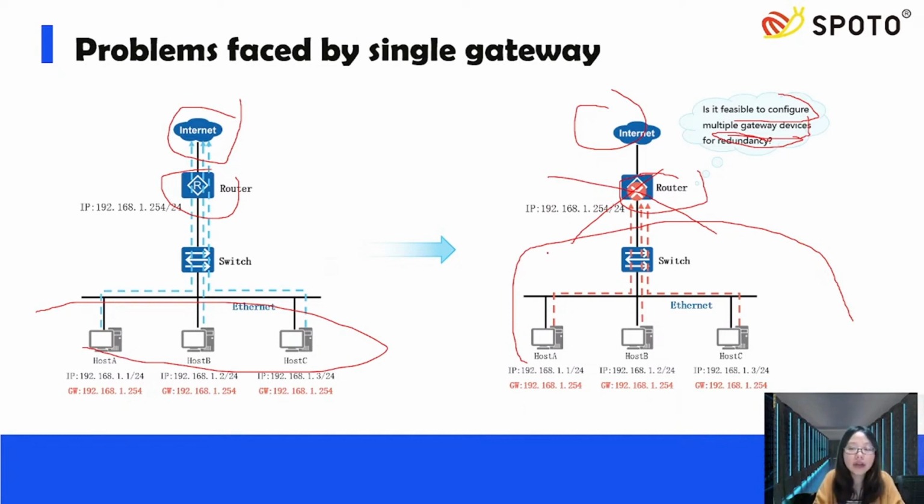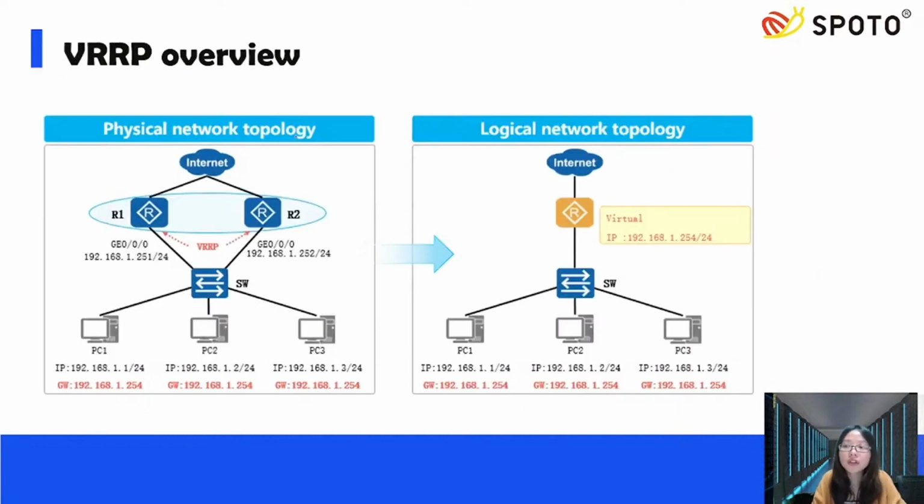The result of VRRP operation is to provide a virtual router on the LAN. You can see in this example there are two routers, router 1 and router 2, in the LAN. Each has its own interface IP address.